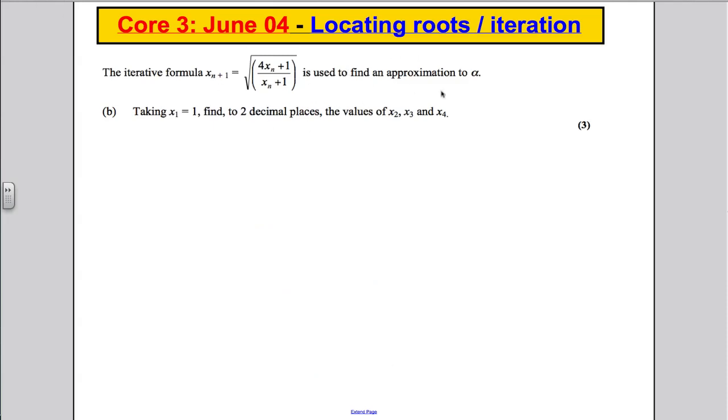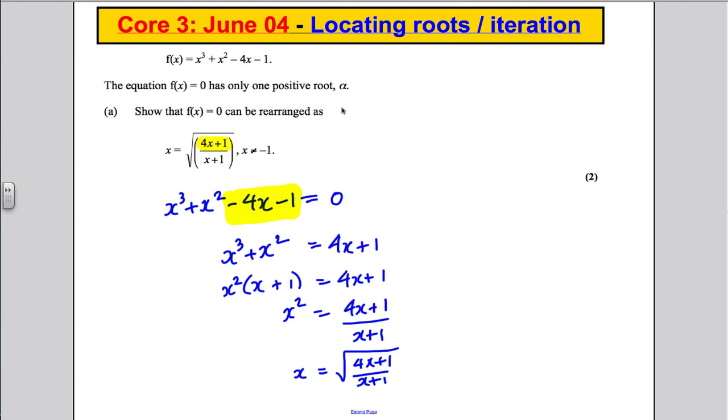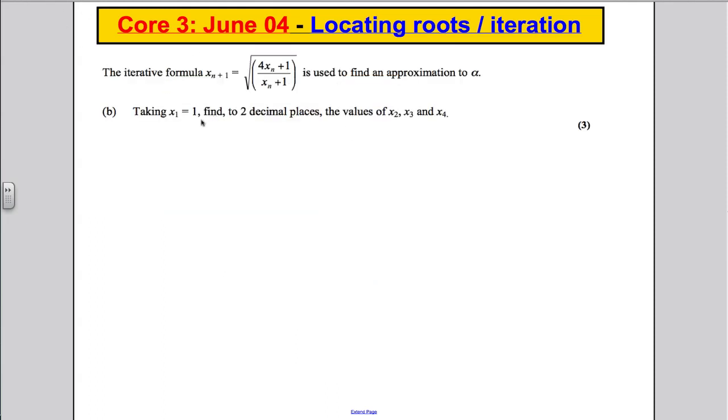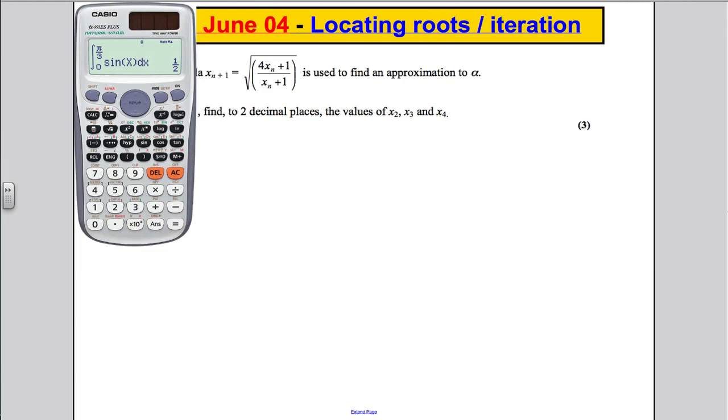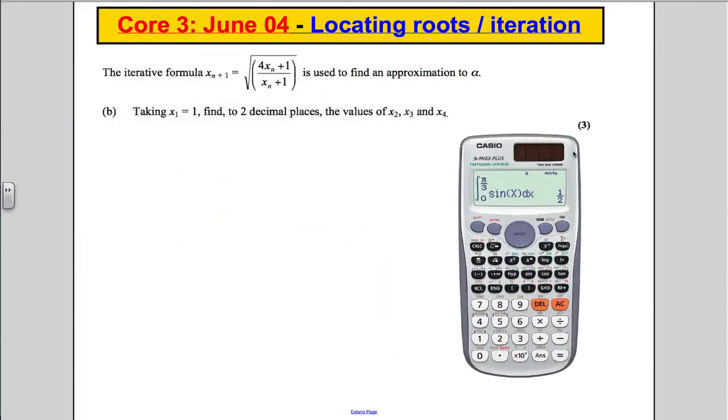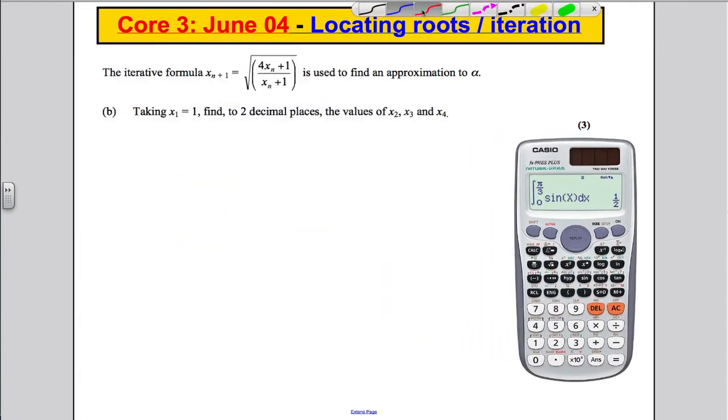It says this iterative formula can be used to approximate alpha. It said previously that alpha is the root of that equation. So, by taking x1 to be 1, find to 2 decimal places x2, x3, x4. As always, the calculator here, what you do for the calculator, I'll type in red what you would type in. You would press 1 on the calculator and then equals.